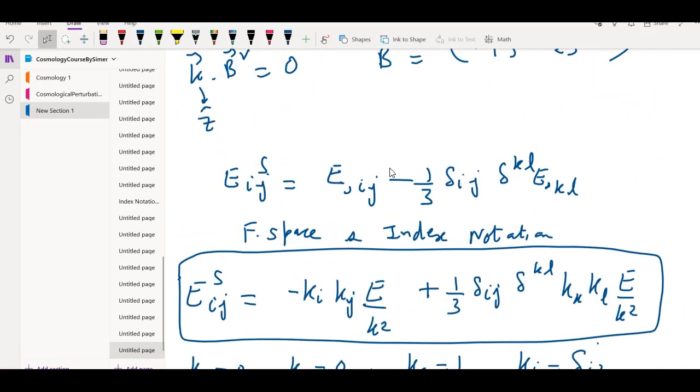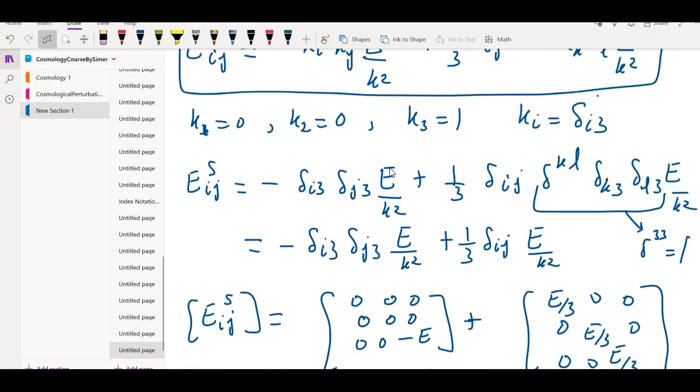And also I made another stupidity here, that vector K is aligned along Z axis, but that doesn't mean that K3 is 1. It's not a unit vector. It has the magnitude of K. So this will be K here and K here, and this will be K here and K here. So K square will cancel. Final expression is right. Yeah, this makes sense now.